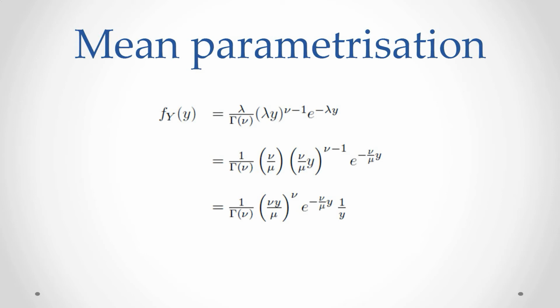This can be reparametrized as 1 over gamma nu, nu by mu to the power nu, y to the power nu, e to the power minus nu by mu into y, into 1 over y. So, this is denoted as gamma of mu and nu, and is the gamma distribution reparametrized in terms of the mean.